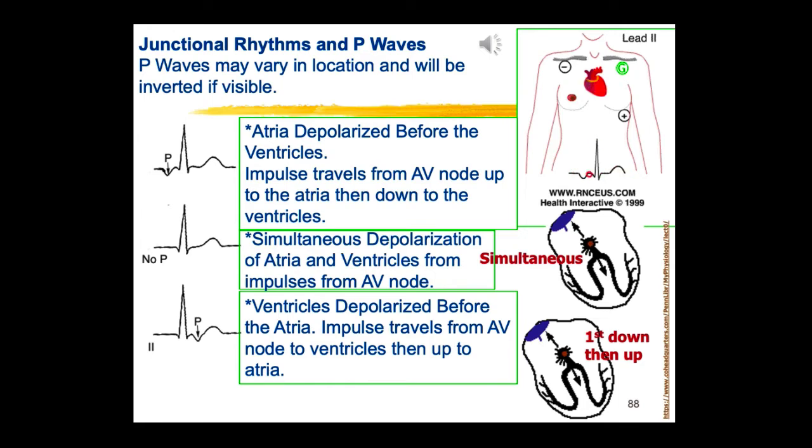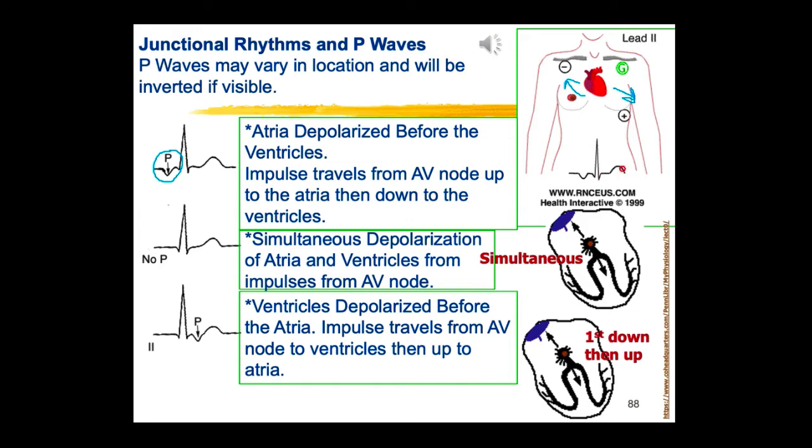In this first example of the EKG complex on the left, the atria depolarized before the ventricles. The AV node travels up into the atria, so the electricity is occurring backwards of what it should be. Hence the inverted P wave in lead 2, and then it goes down to the ventricles.